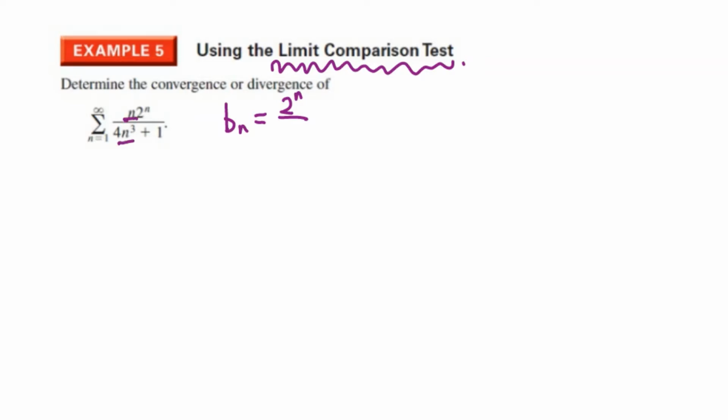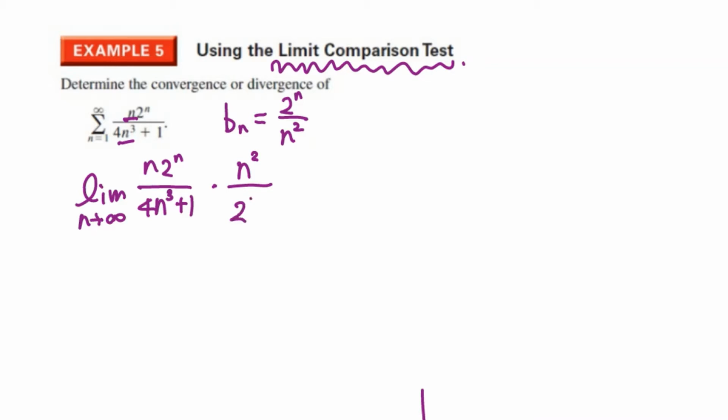So how about we try n squared and we see if we can get the finite and positive number. So I get the limit as n goes to infinity of n times 2 to the nth power over 4n cubed plus 1, and I'm dividing by Bn, so I'm multiplying by the reciprocal. So I have n squared and 2 to the nth power. So it might not work. Then we try again.